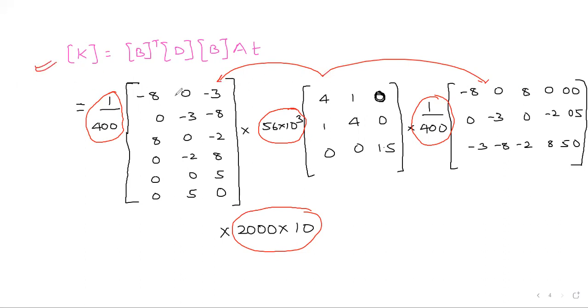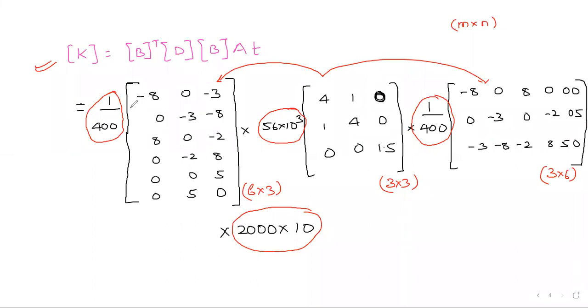So how to multiply? This matrix is of size 6 by 3, right? This matrix is of size 3 by 3. And this matrix is of size 3 by 6. I hope you know how we write the size of a matrix. The size of a matrix is written as M cross N, where M is the number of rows and N is the number of columns.